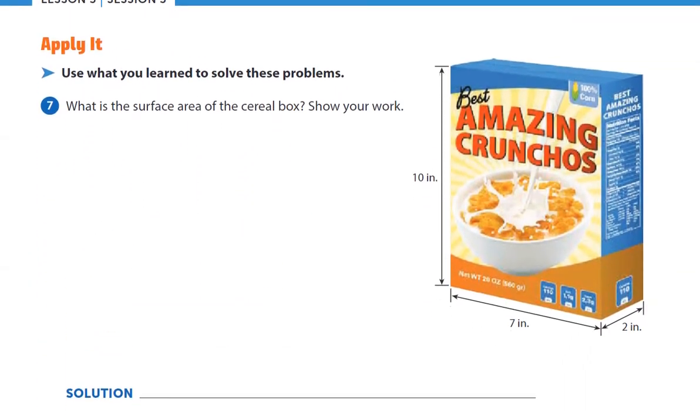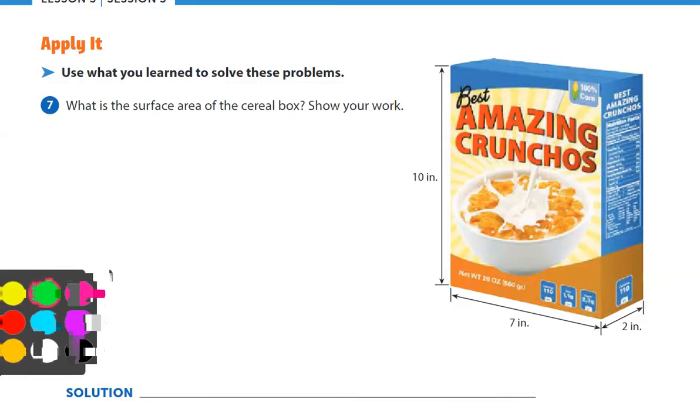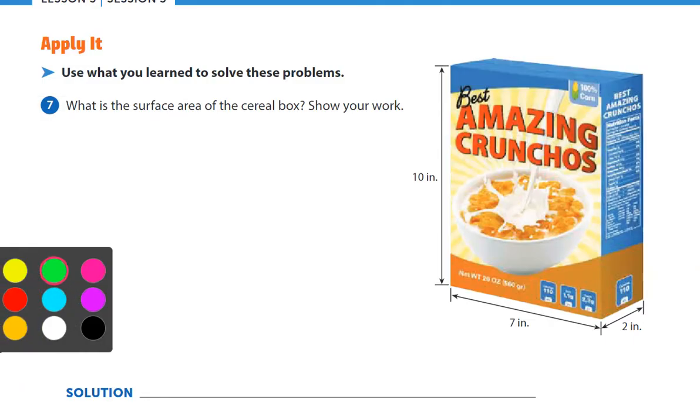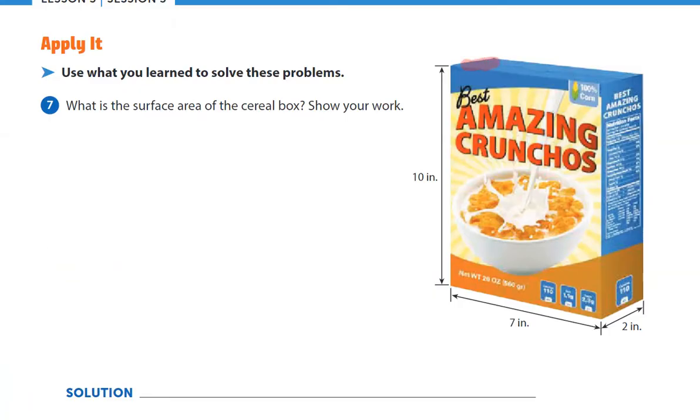So what is the surface area of this cereal box? Show your work. Okay, well, I need to find the area of all of the sides and then add them together, right? So I've got this top, and don't forget there's a matching bottom down here. So I need to find the area of this top, and it's going to be 2 inches.